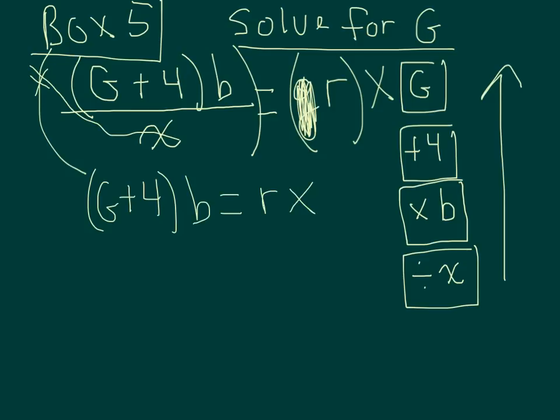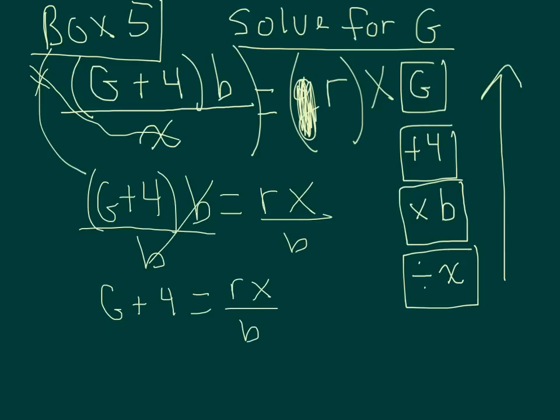Now going up my ladder here, they did times B, so I'm going to divide by B. These two cancel, and I get G plus 4 equals RX over B. Now the next thing over here, we did divided by X, so we times by X. They times by X, so we divided by X. Now we're going to do plus 4, so we're going to do minus 4.